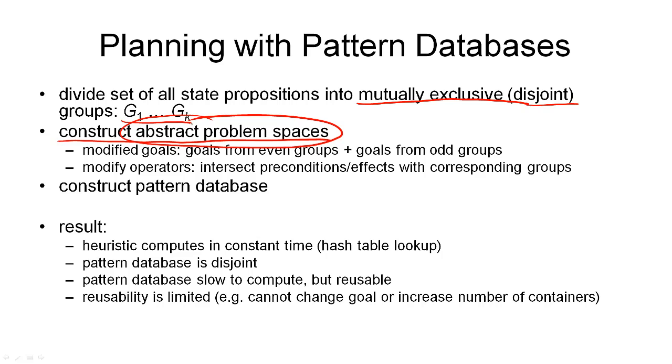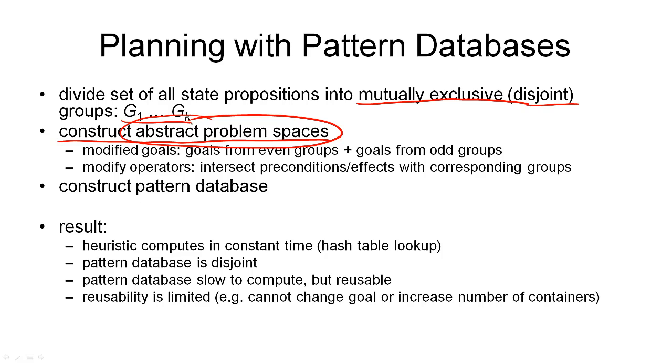So in each group, we find symbols that are mutually exclusive, meaning they can't be true in the same state. So in our dog worker robot example, the symbols R1 and R2, the robot is at location 1 and at location 2, are mutually exclusive and therefore could be in the same group.